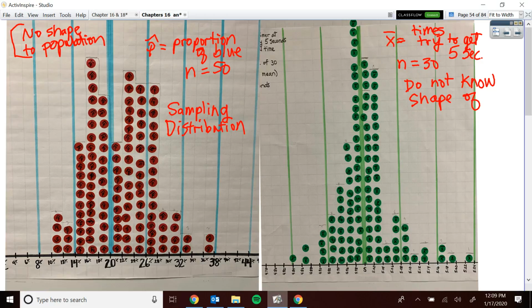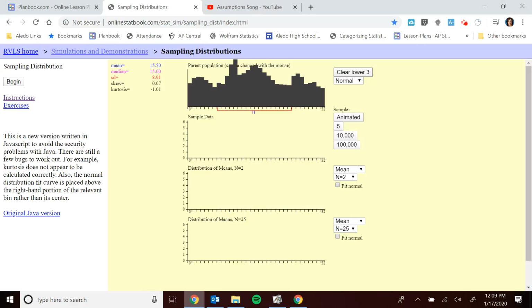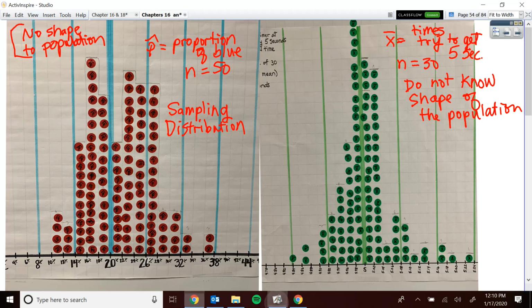Hence, is it reasonable to predict the proportion of your times that were more than 5.1 seconds? Can I use that up there and calculate the proportion of times more than 5.1 seconds? No, it's not a shape that I can calculate with. It's not unimodal, symmetric, and approximately normal. So no, I cannot.